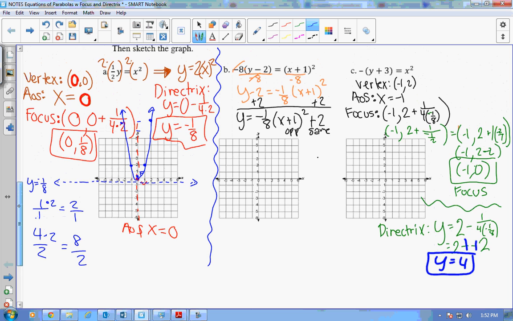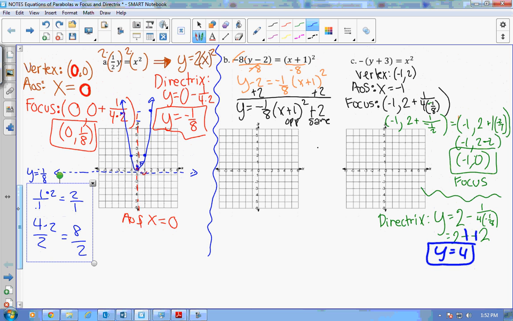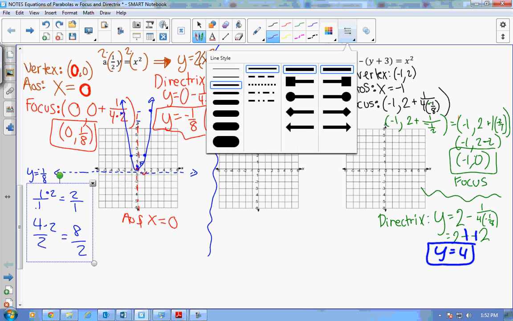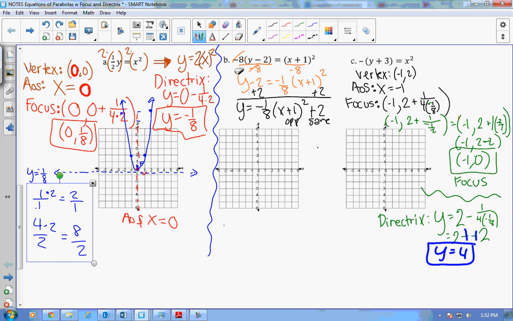Make sure we know how to draw the parabola and we're done. Put your vertex on. We'll do purple. The vertex we found is negative 1, 2. The axis of symmetry is x equals negative 1, so that is a dotted line, and you should label it axis of symmetry, x equals negative 1.